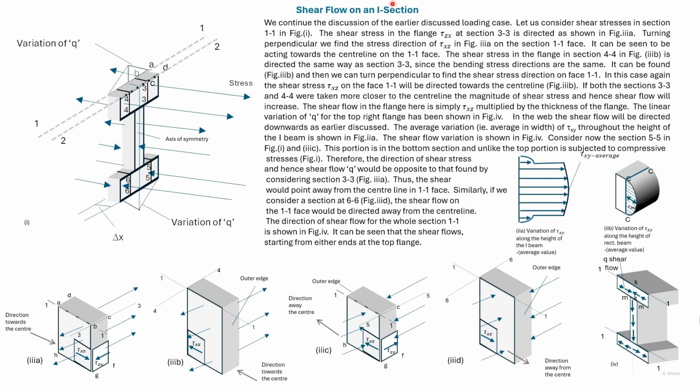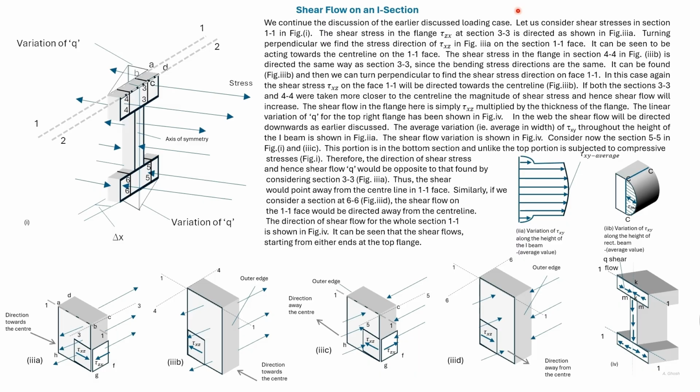Shear stress is given by the equation VQ divided by Ib. For the flange, b is higher compared to the web. So the magnitude of the shear stress tau xy in the flanges is small.